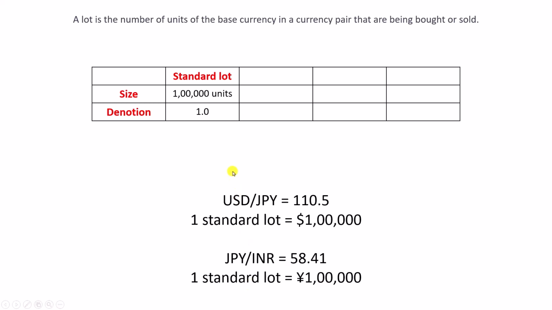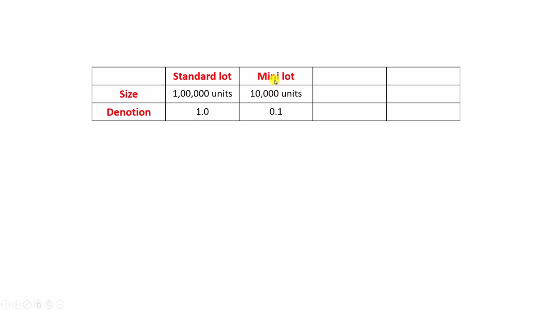Alright. Next, we have mini lot. Mini lot contains 10,000 units of base currency. It is denoted by 0.1.